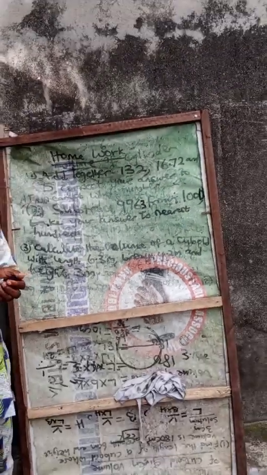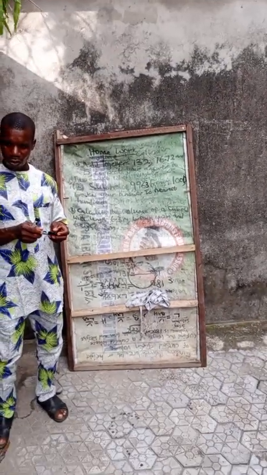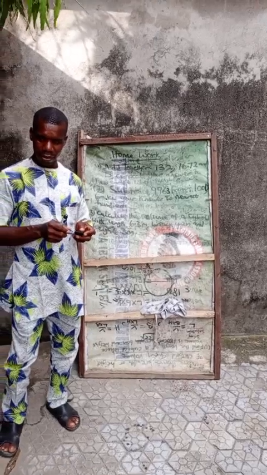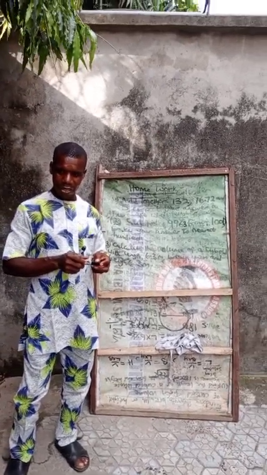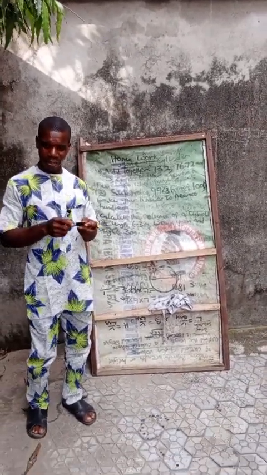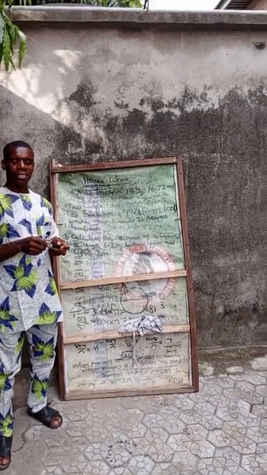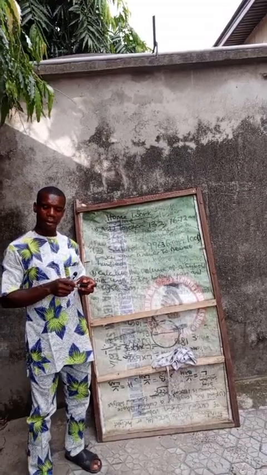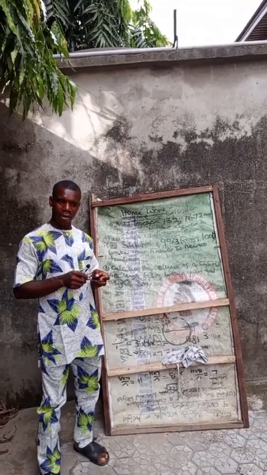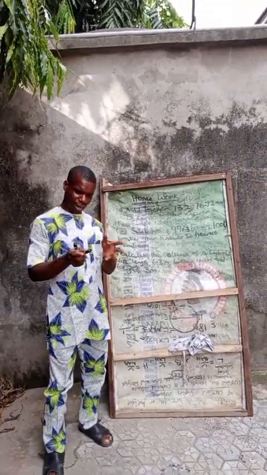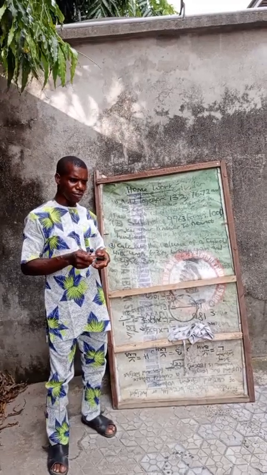What is the value of pi? 22/7. Change it to a mixed number. 3 whole number 1/7. Very good.